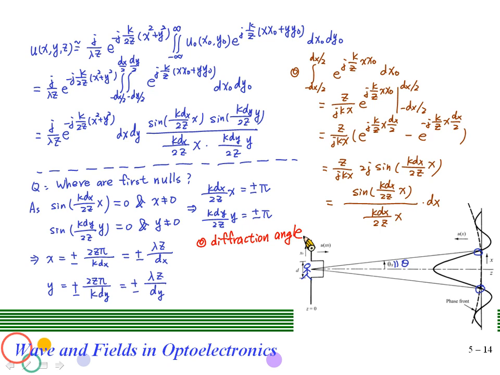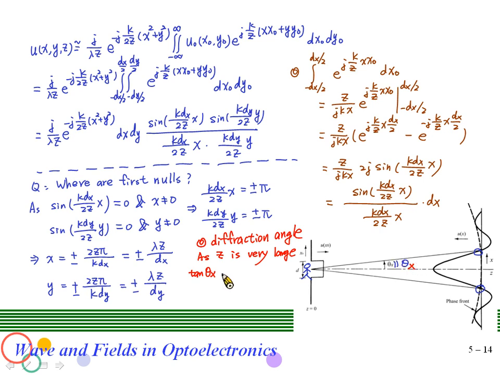Okay, so as z is very large, which means that the screen here is far away from the slit, then we know that the tangent of theta x, we define this value to be theta x, will be very small.